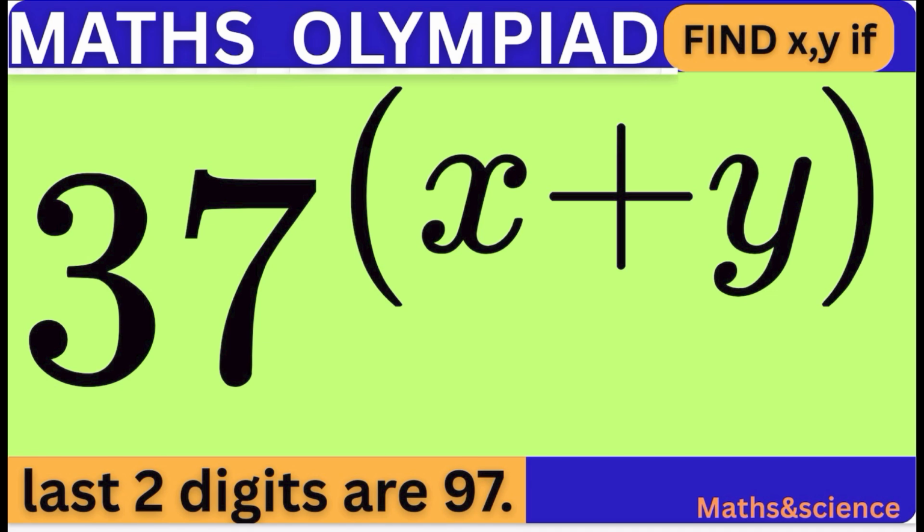In this lecture for Maths Olympiad, a good example about algebra is brought, wherein we have to find x and y if 37 to the power of x plus y has last two digits as 9 and 7.